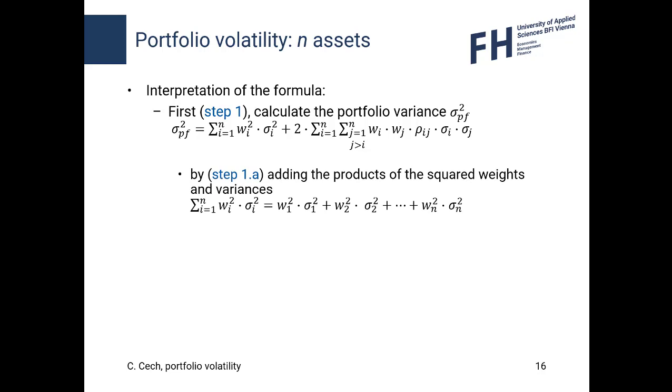The first step is we look at this part of the formula. We simply add the products of the squared weights and the variances. So we interpret this as W1 squared times sigma 1 squared plus W2 squared times sigma 2 squared, and so on for all portfolio constituents.